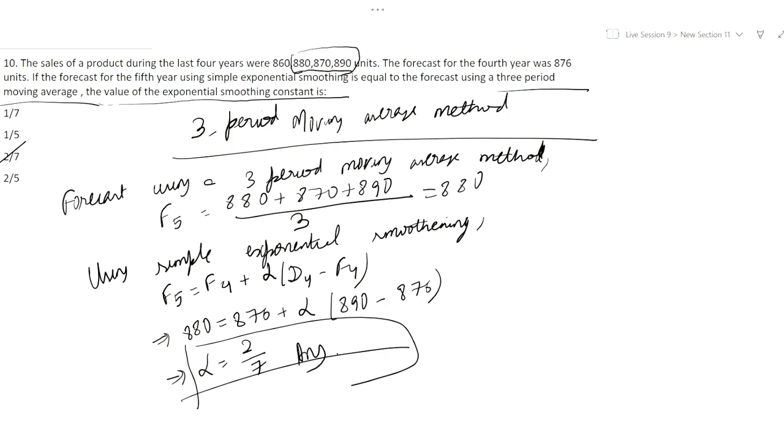You have to be very careful because here it is written that the forecast for the 5th year using simple exponential smoothing is equal to the forecast using a 3-period moving average. So it is giving the hint that the forecast for the 5th year can be found by the 3-period moving average method.